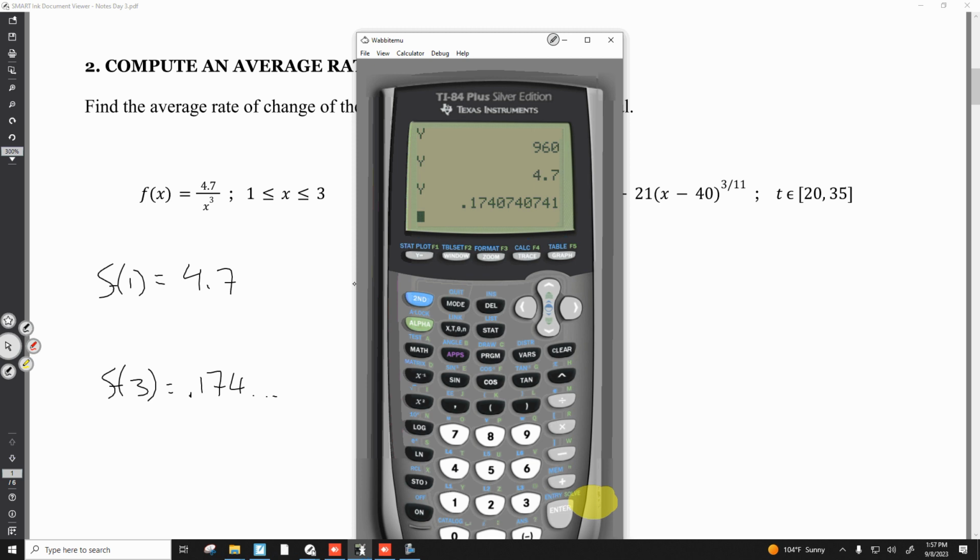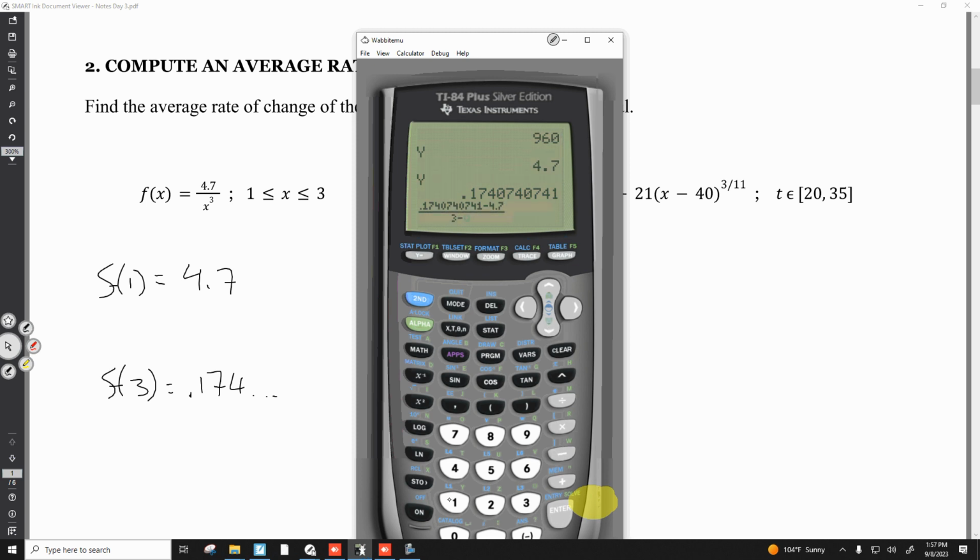I can do Y2 minus Y1. Oh, actually get the fraction button out. Fraction button's the favorite, right? Everybody's favorite. Go to the fraction button, Y2 minus Y1 over X2 minus X1.